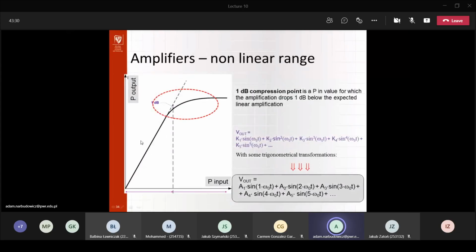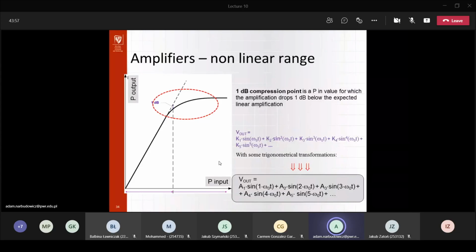Over here we get a simple linear range, which means you add X of input power, you get Y of output power, whereas the slope of this curve is the amplification ratio. Of course, in the ideal case, we assume that the curve goes towards infinity. However, as you may imagine, this is not the case.